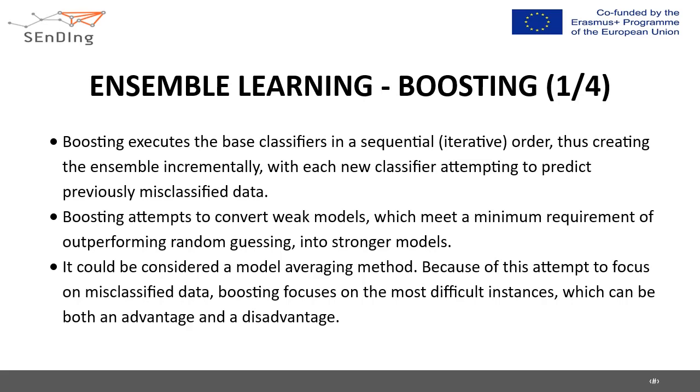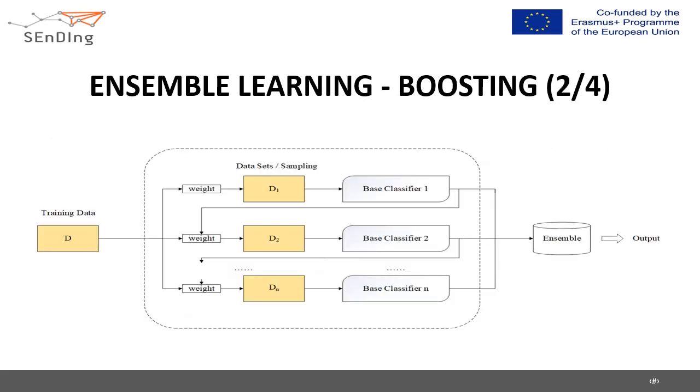It could be considered a model averaging method. Because of this attempt to focus on misclassified data, boosting focuses on the most difficult instances, which can be both an advantage and a disadvantage. The main workflow of the boosting ensemble method.